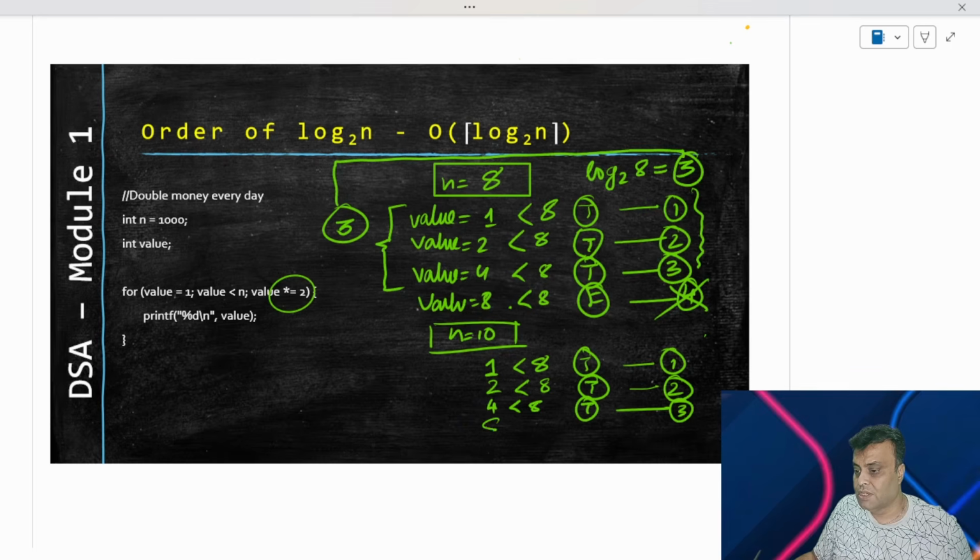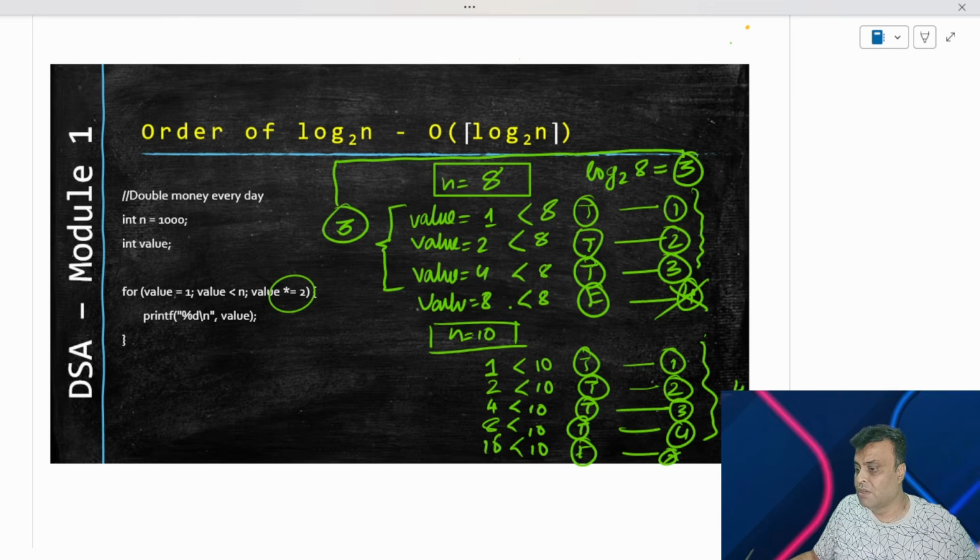The third time it runs is 8 less than 8, and all of this was with n equal to 10. So my bad again, I should have put 10 here. So this will also be true, and this will be the 4th time, and then 10. 8 will become 16, and 16 less than 10 is false, and this will not execute.